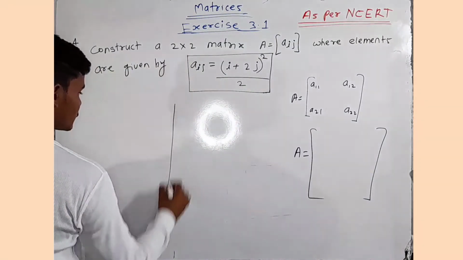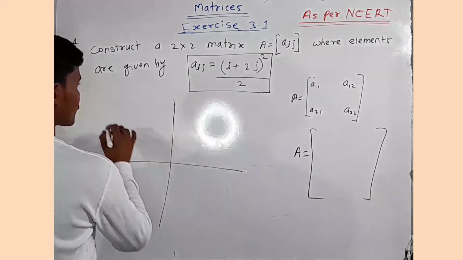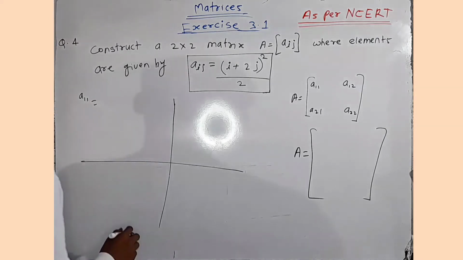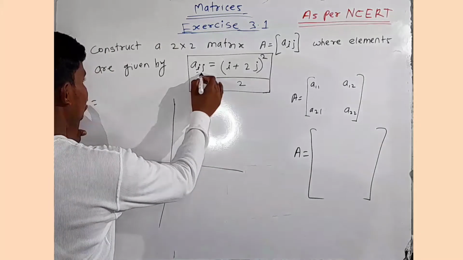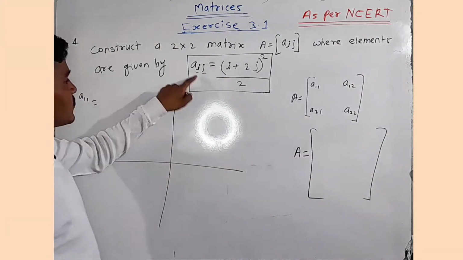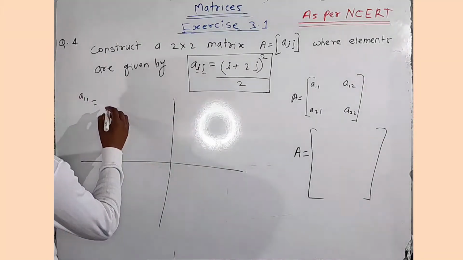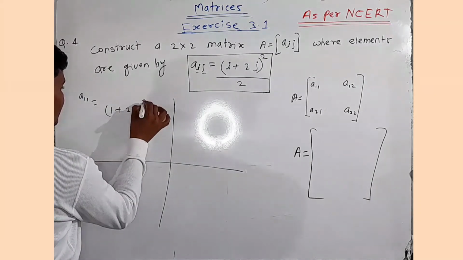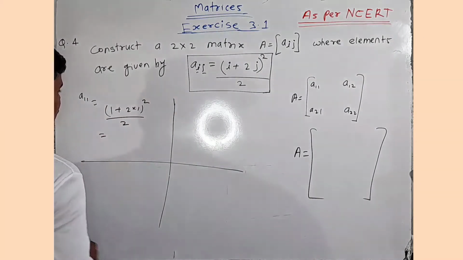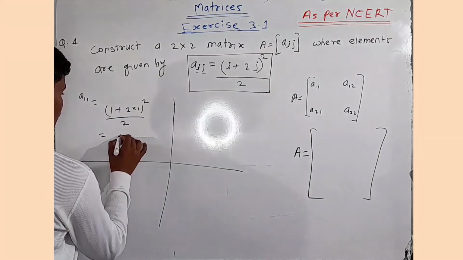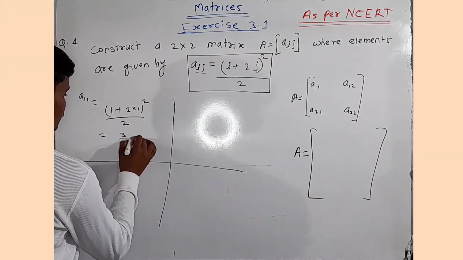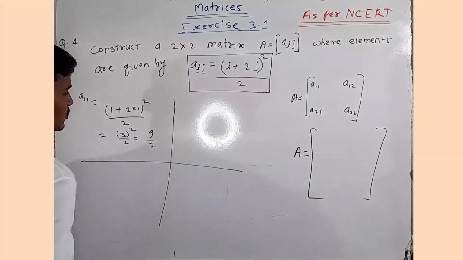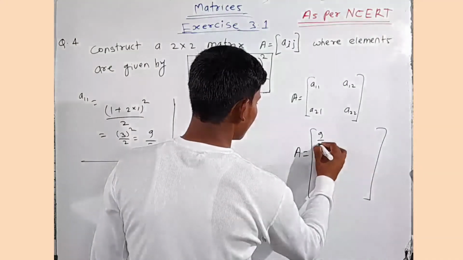First, A11 equals, here i is 1 and j is 1, that means row and column. So (1 plus 2 into 1) whole square divided by 2, that is equals 3 square by 2, that is 9/2. The first element is 9/2.